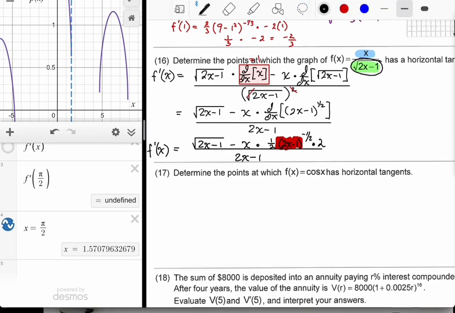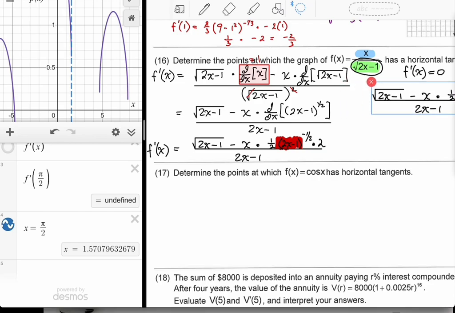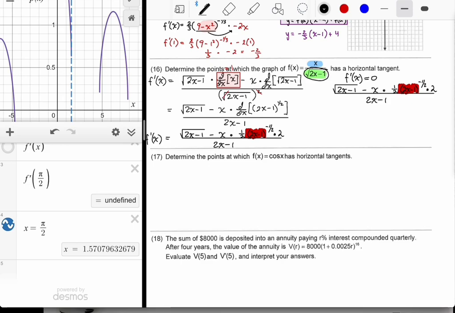So horizontal tangent, again, is when f prime of x is equal to 0. We now know that f prime of x is equal to this whole mess. At some point along the way, it's going to be in our own best interest to simplify. But before we go too crazy with that, recognizing that when a ratio is equal to 0, that 0 could be thought of as 0 over anything. So why not let it be 0 over 1?